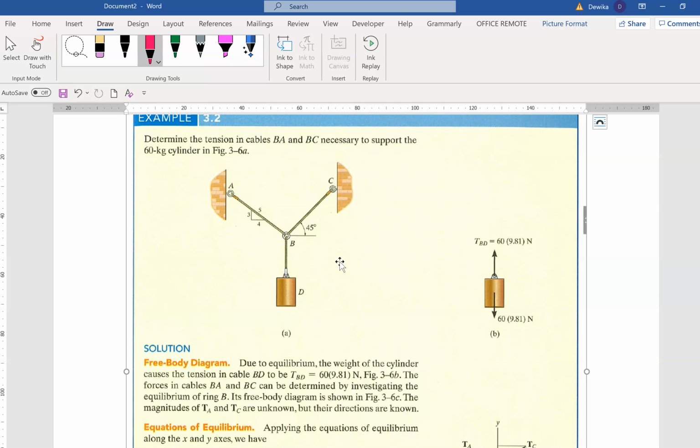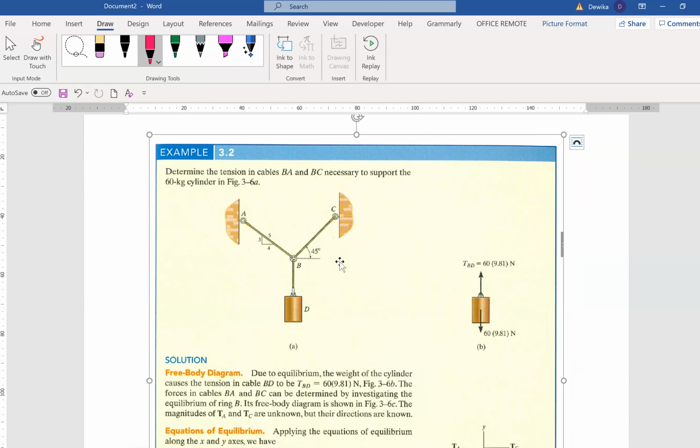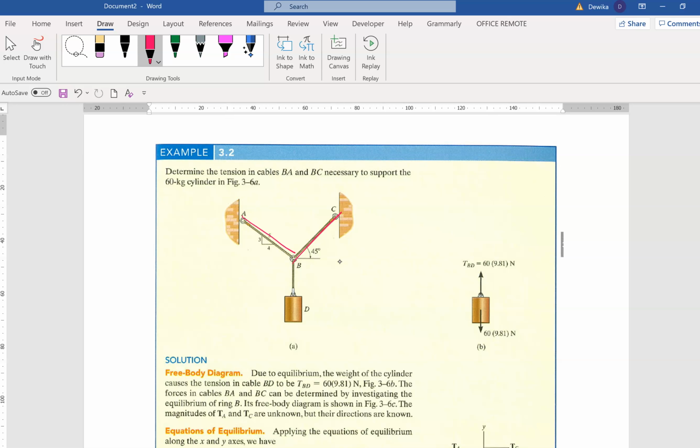Example 3.2. Determine the tension in the cables BA and BC. So they want to know the tension of BA and BC necessary to support the 60 kg cylinder. We have BA and BC supporting the BD.